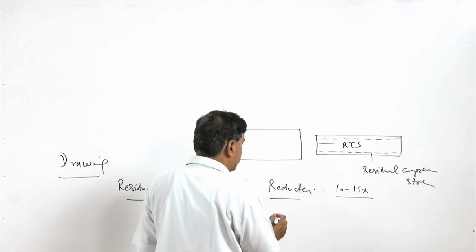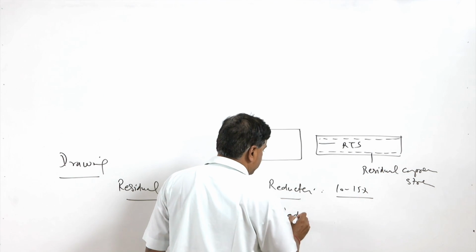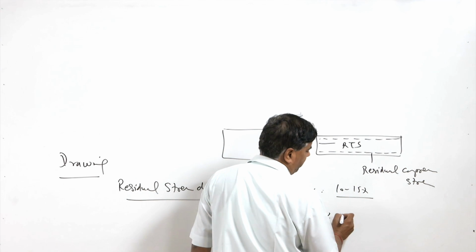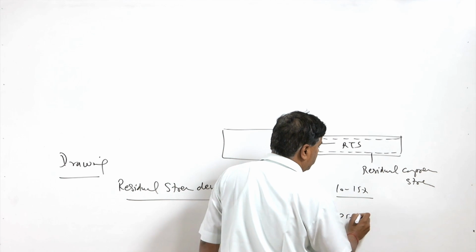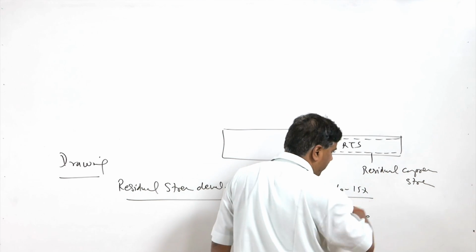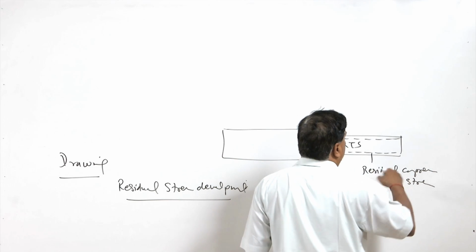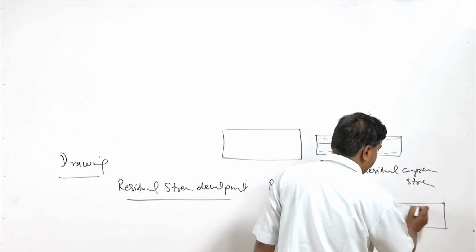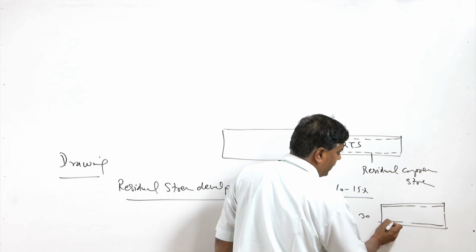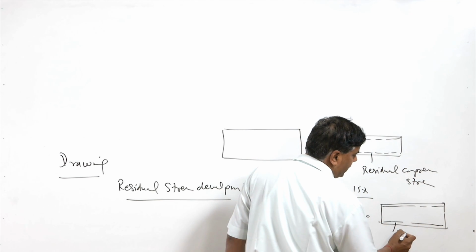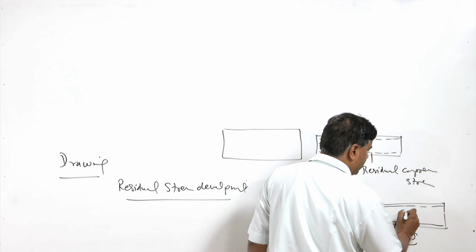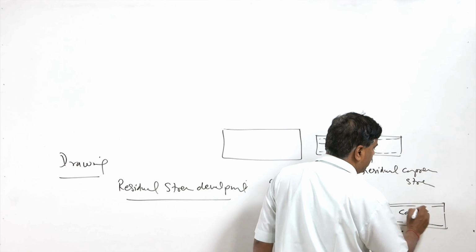The reverse is observed when the reduction percentage is high, like 25 to 30 or even higher: the near surface layers of the drawn wires have tensile residual stresses, while the center has compressive residual stresses.